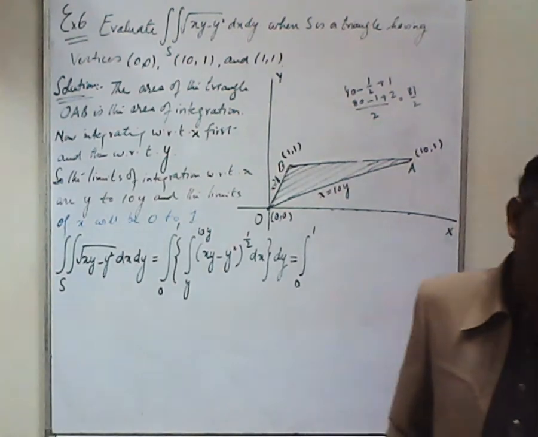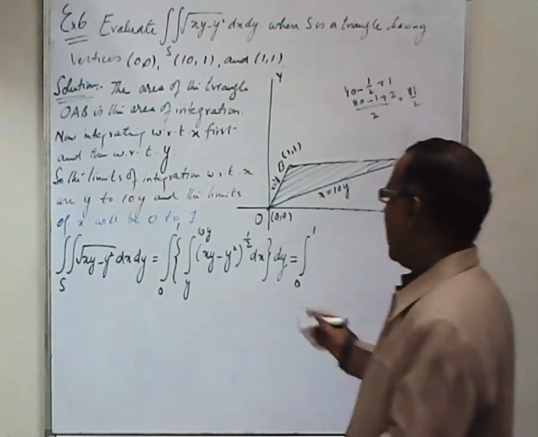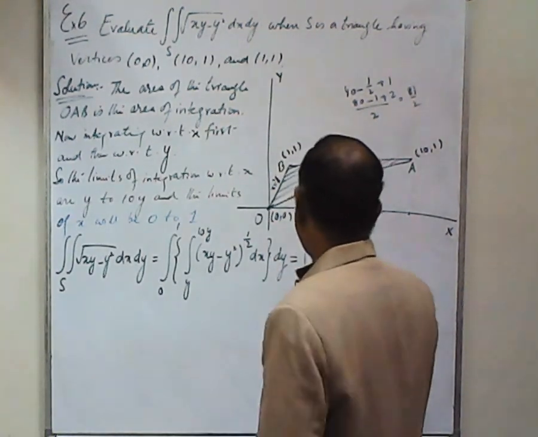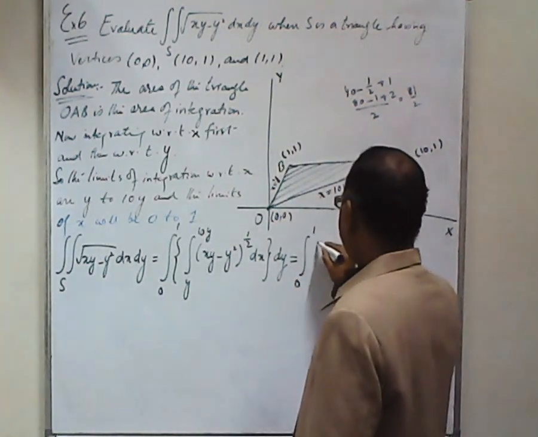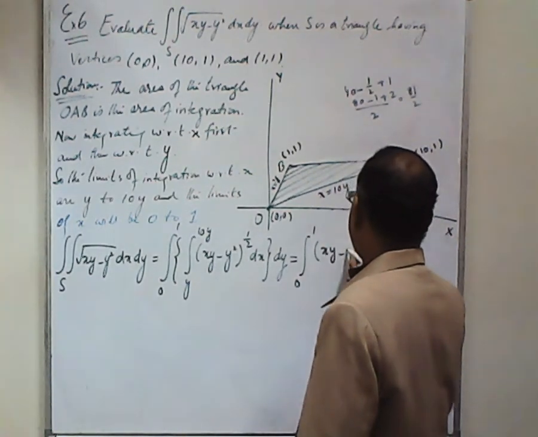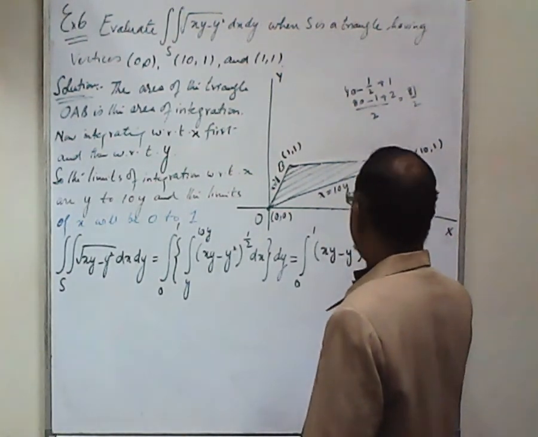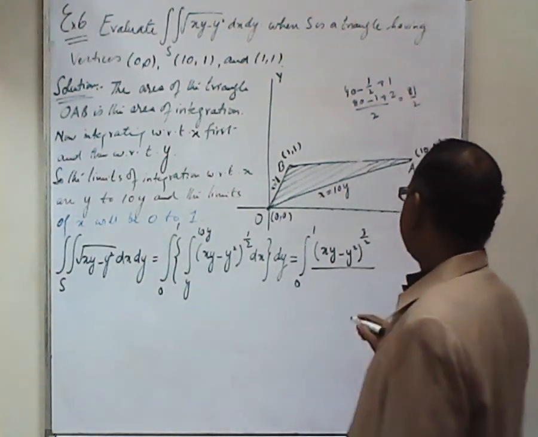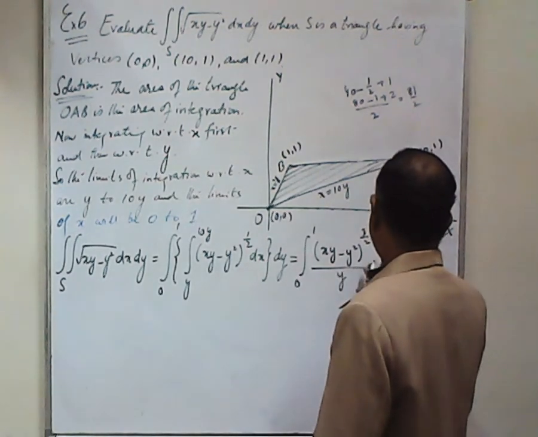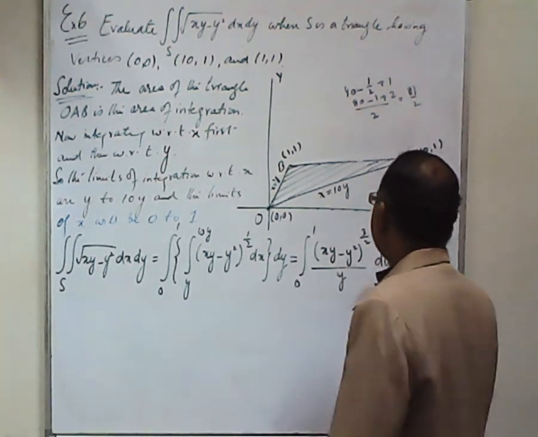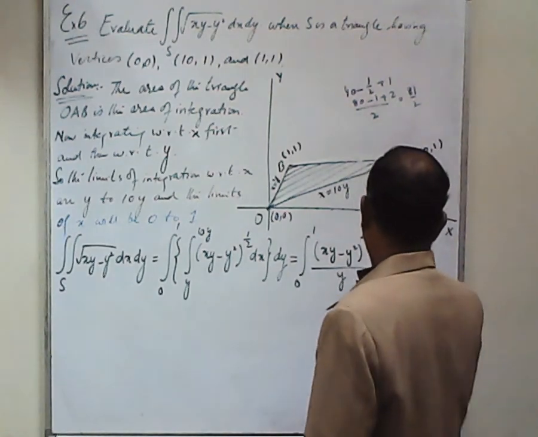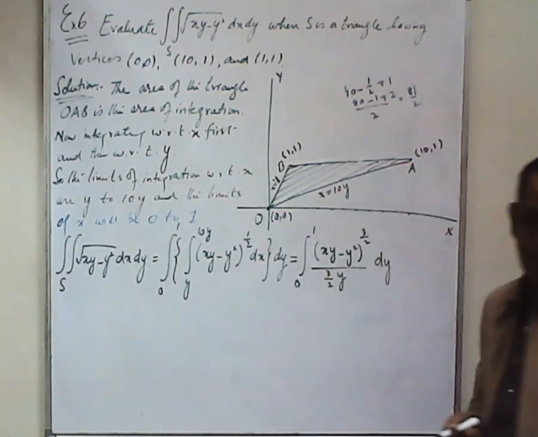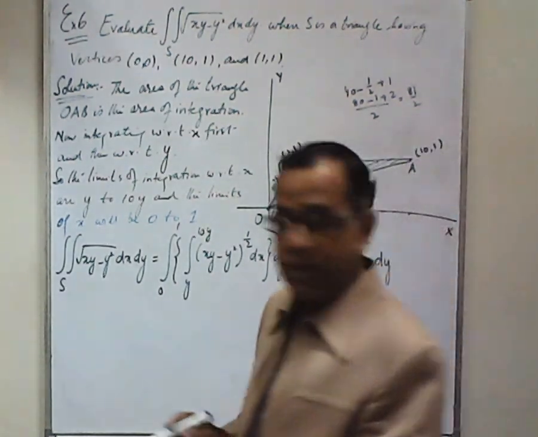Because the whole power was half, we need to find the antiderivative, and since y is treated as constant, it will be (xy minus y square) to the power 1 by 2 plus 1, which is 3 by 2, and the derivative of xy minus y square is y, and this is dy. So y and 3 by 2 gives 3 by 2y. This is the way to integrate this one.